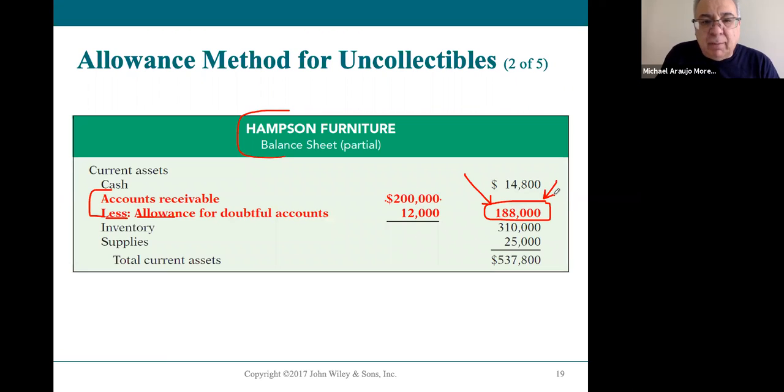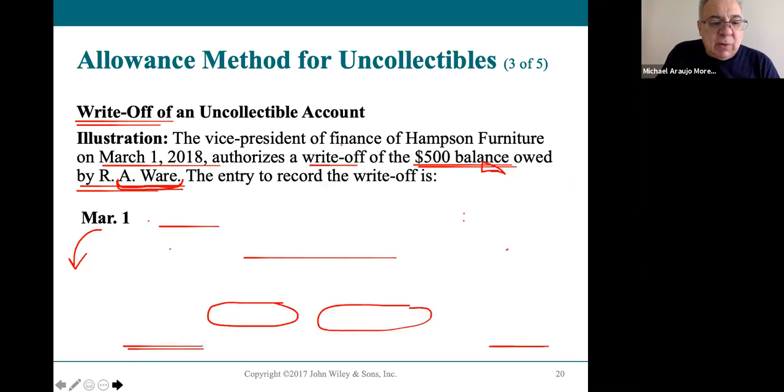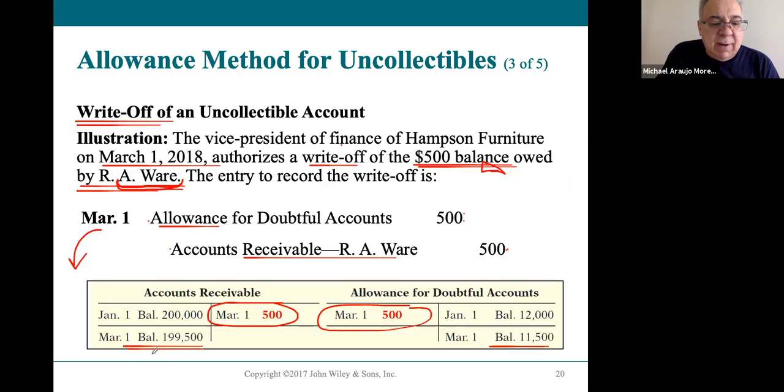That's still the total. That number changed, that number changed, but this number didn't. Right. So please know, again, the accounts receivable balance might have changed, the allowance for doubtful accounts might have changed, but the net realizable value of receivables stayed the same. That's the benefit of the allowance method.